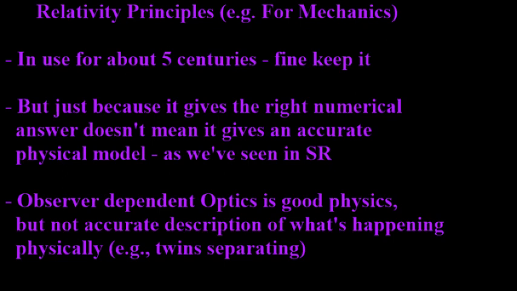So we must remember that just because a relativity principle leads us to the right numerical answers doesn't necessarily mean it's giving an accurate model of what's happening physically. We'll continue on this theme for the next slide.